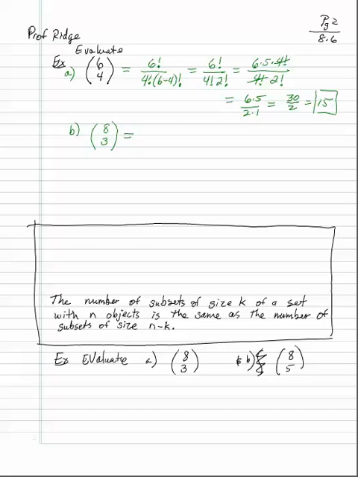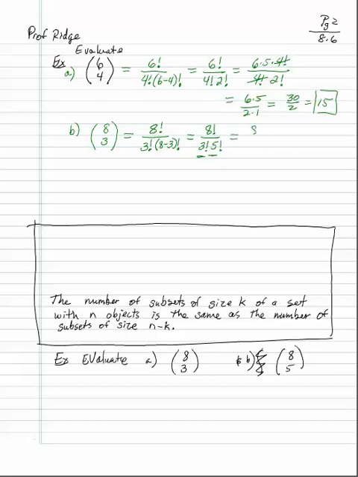We're going to do 8 choose 3, so 8 factorial over 3 factorial times 8 minus 3 factorial. Normally I would just write 5. Note that both numbers on the bottom when you're doing the combinations, 3 plus 5 is 8, so they always add up to the top number.